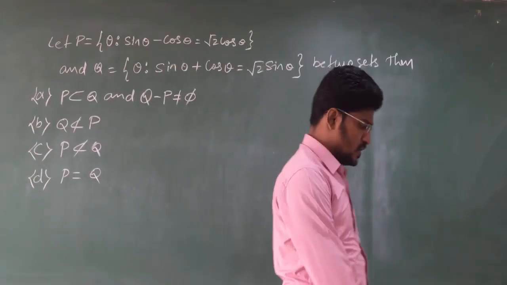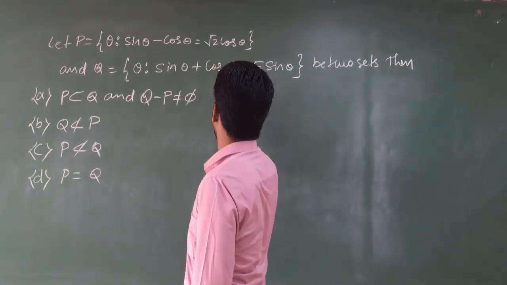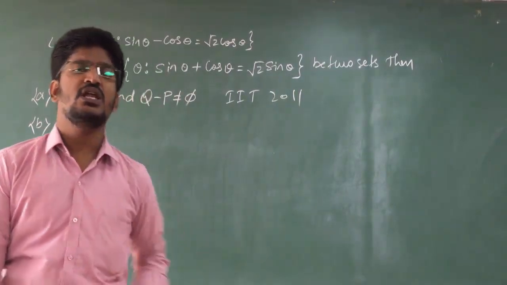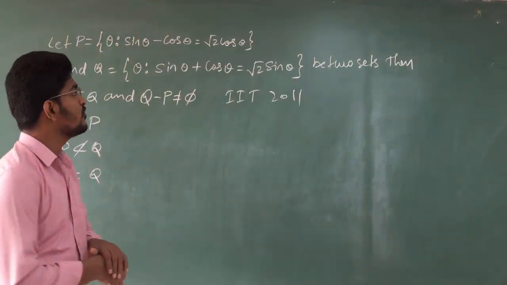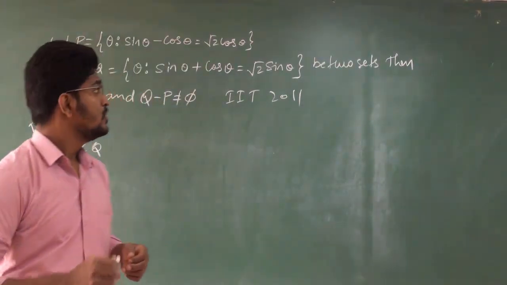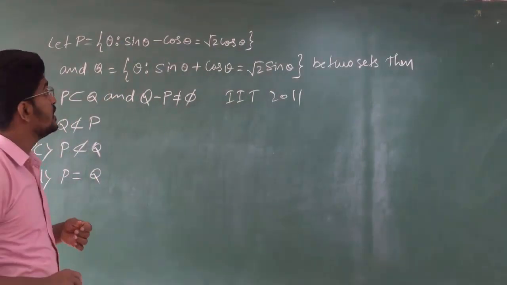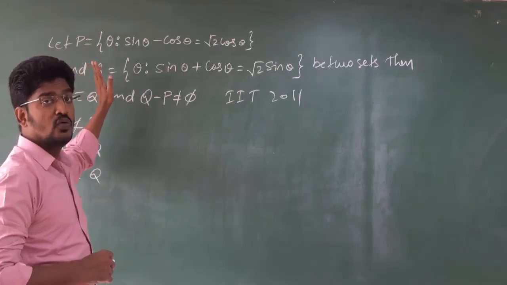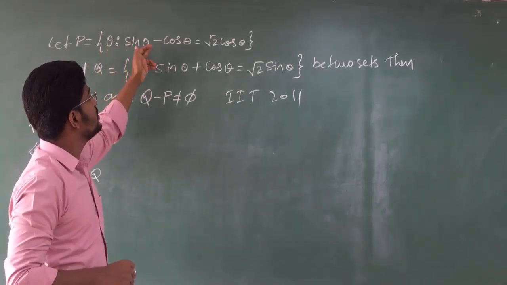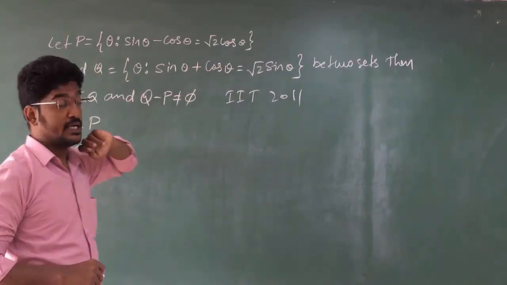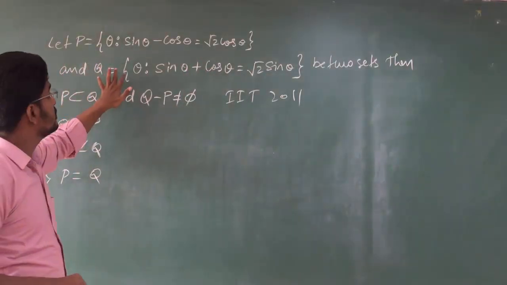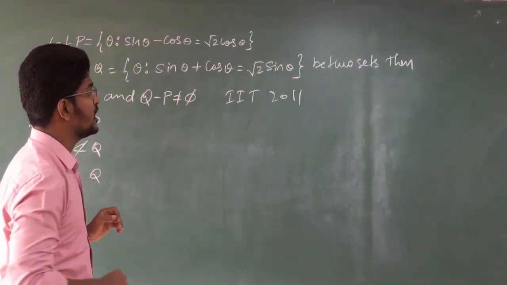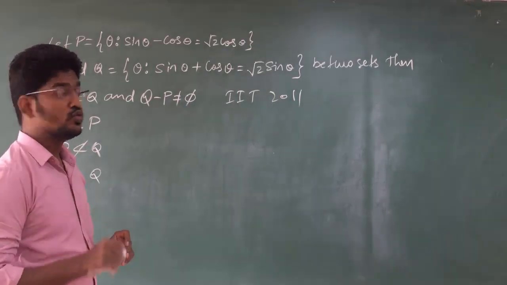Okay students, so now let us see one of the problems from IIT 2011. This is given in your materials from past archives. Clear? Here they are asking: let P equal the set of theta such that sin theta minus cos theta equals root 2 cos theta, and Q equal the set of theta such that sin theta plus cos theta equals root 2 sin theta.